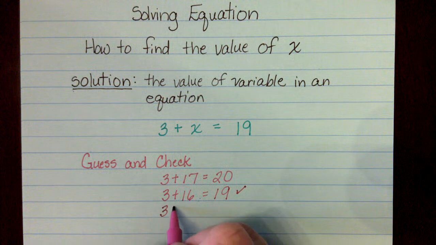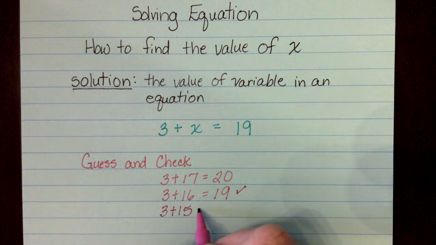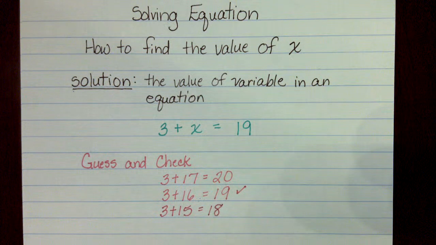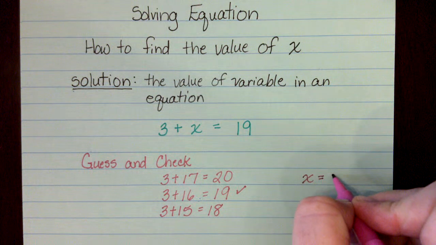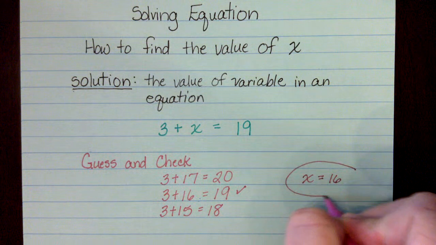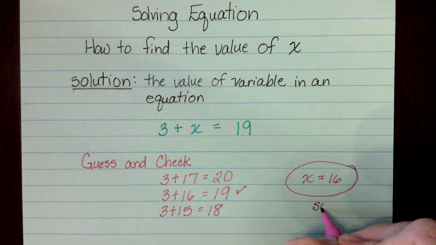So 3 plus 15 equals 18. Nope. 3 plus 16 equals 19. So x equals 16. This is your solution.